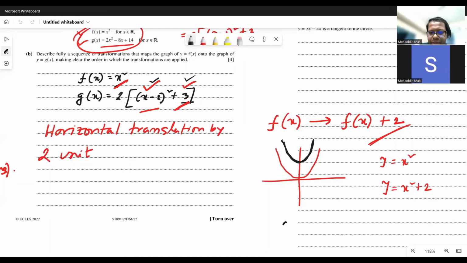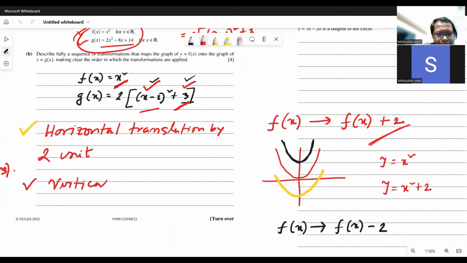And if it is minus 2, the graph will move down by 2 units. Okay, so horizontal translation by 2 units, and then vertical translation by 3 units.